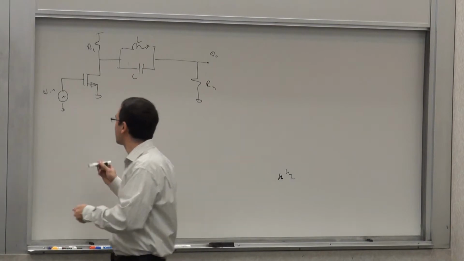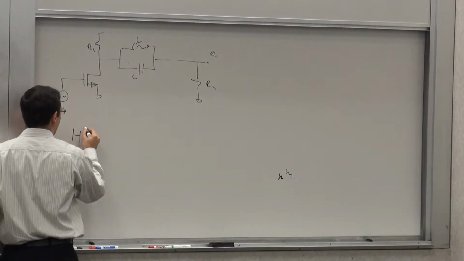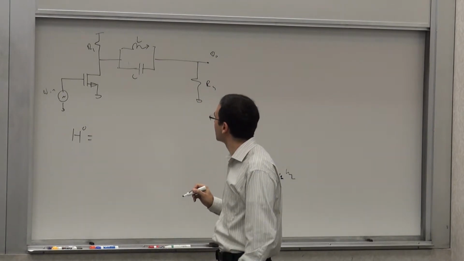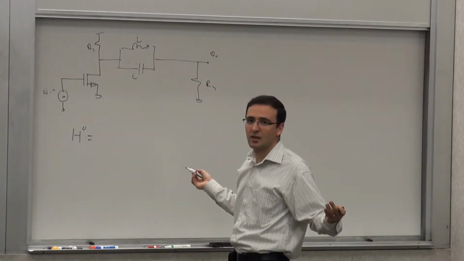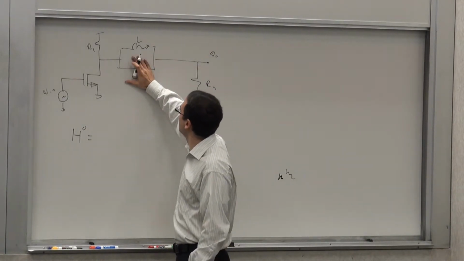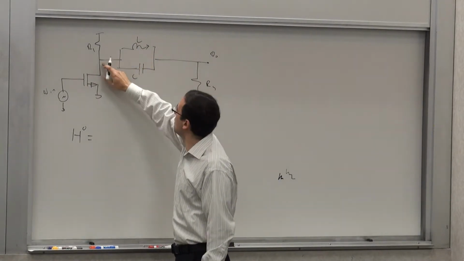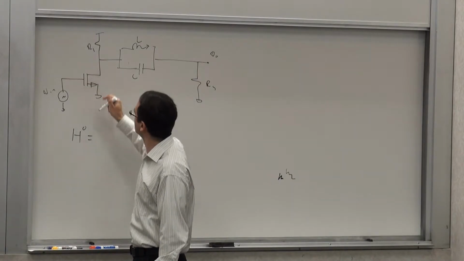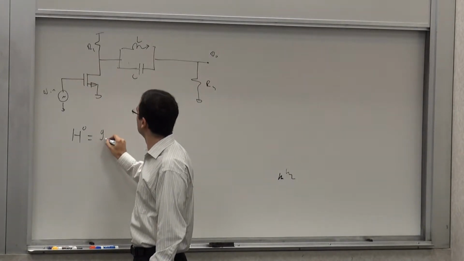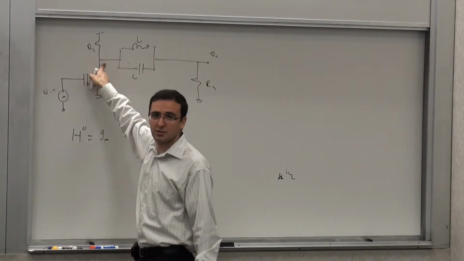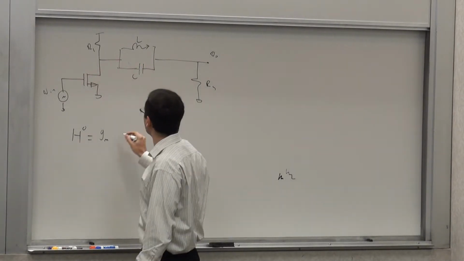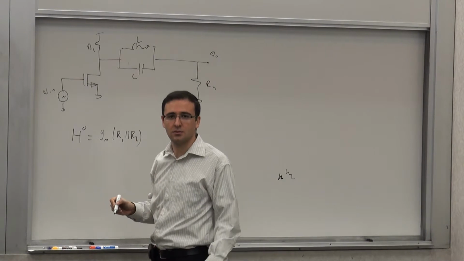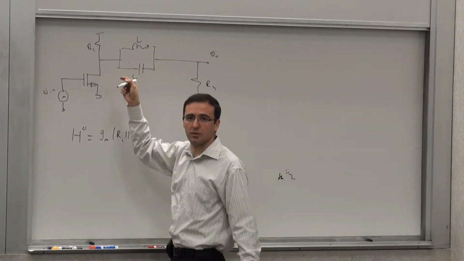When I write the H's, you can see. Let's write the H's. So what is H naught? At 0, basically, this is open, this is short. So this is the gain of this one, GM, times the total resistance you see on this one, which is R1 parallel R2, because the inductor is shorted and the capacitor is open.